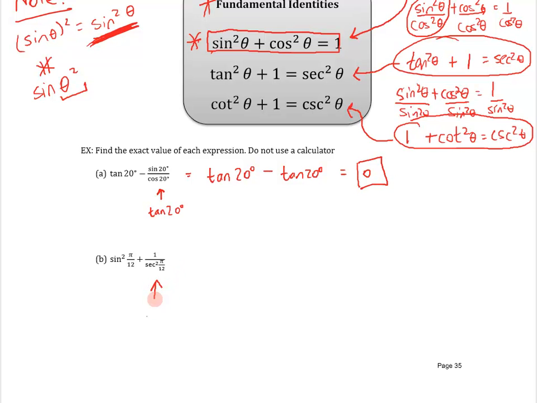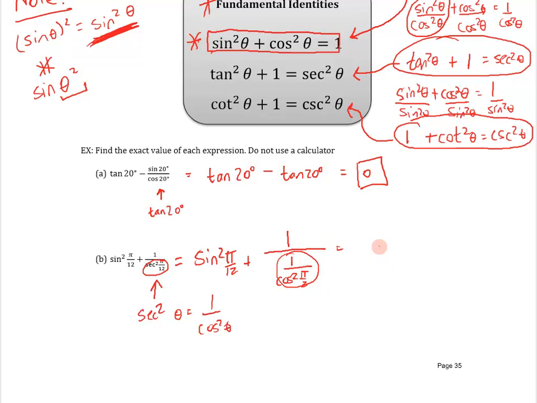I recognize here that secant squared of an angle is 1 over cosine squared, meaning it's the reciprocal, right? So this tells me that sine squared of pi over 12 plus, I can go and write this out if you need to see it the big way, is 1 over cosine squared of pi over 12. All I did was replace secant squared with 1 over cosine squared.